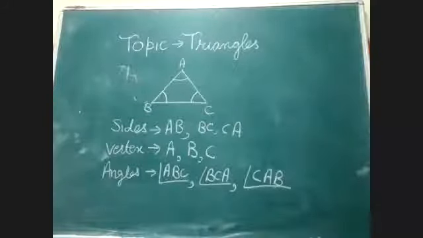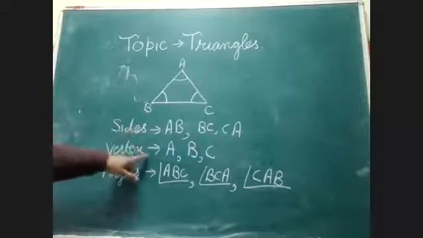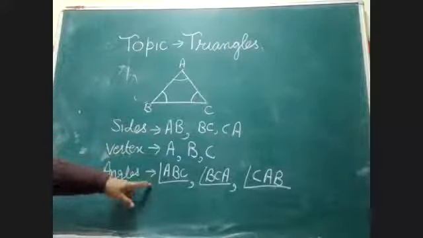Clear, students? A triangle is a closed figure made by joining three line segments. And a triangle has three sides, three vertices and three angles. So these are sides, vertices and angles.